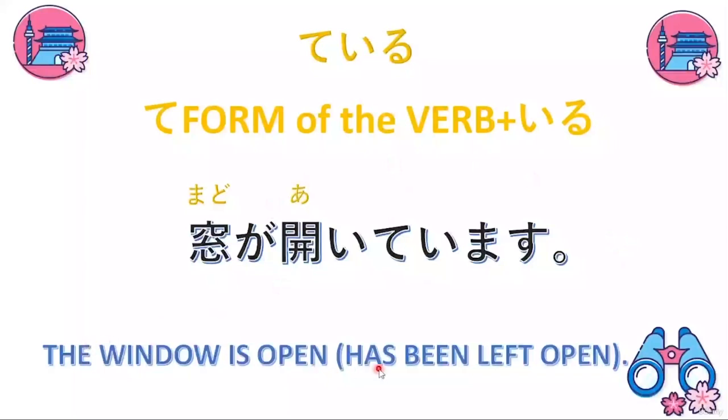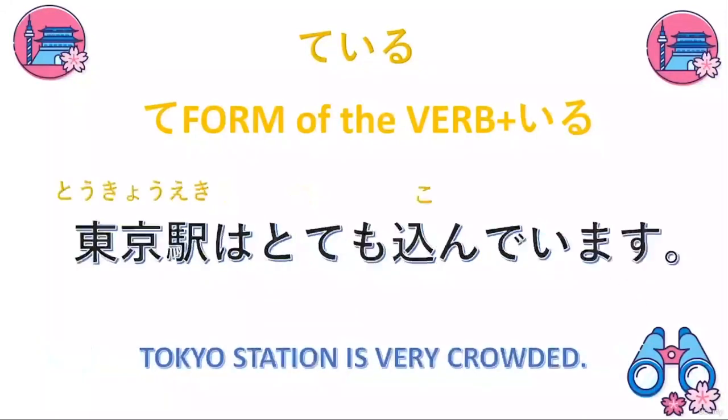So the window is open or has been left open by someone. So then we would say 窓が開いています。東京駅はとても混んでいます。Tokyo train station is very crowded. So it's condition. It's very crowded right now.